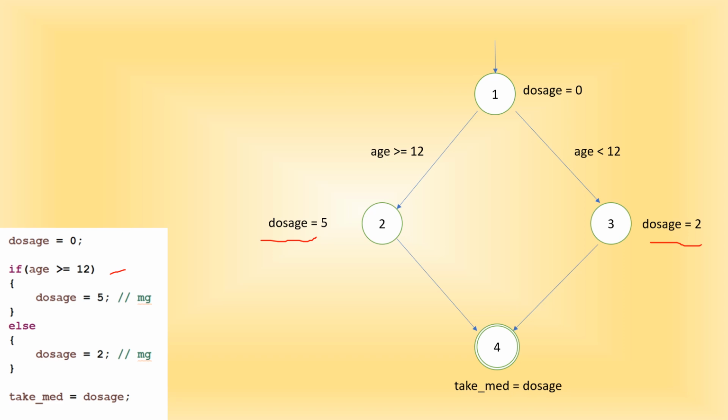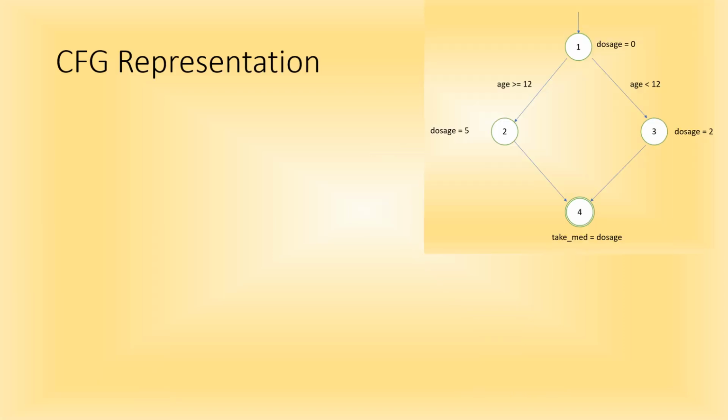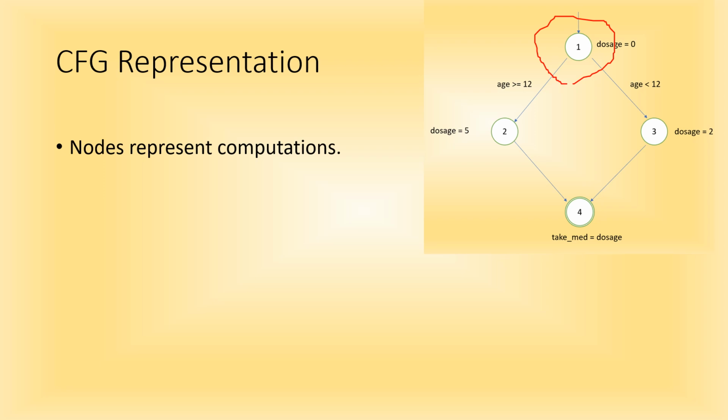Once again, we will go through the rules of the control flow graphs. Here is the same control flow graph. The very first rule is that the nodes represent the computation. This is very important. We have 4 nodes in this graph. Node number 1 is where we are setting dosage equal to 0.